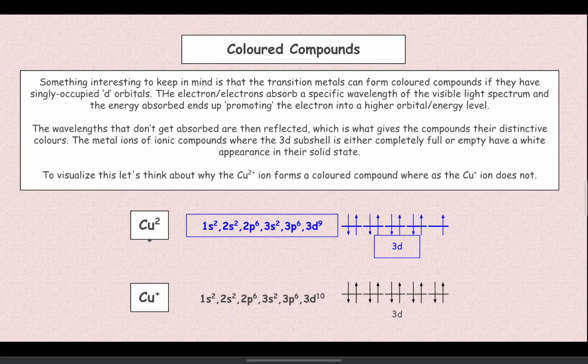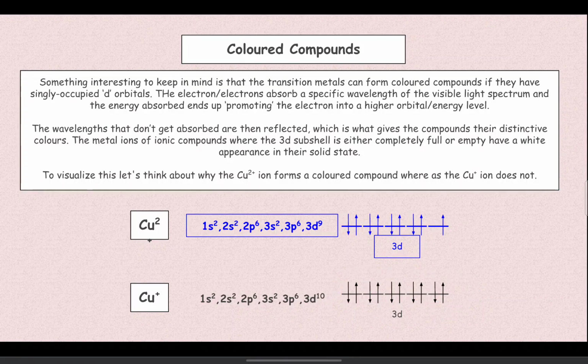And that's basically because if one of the transition metals has a full 3d subshell, or half full, and half full would be that, one in each of them. If it has a full subshell, it will be a white substance.